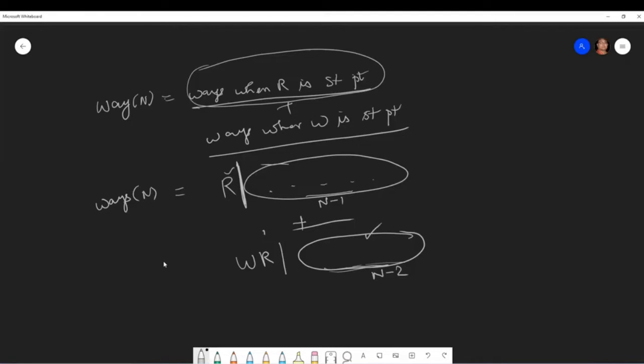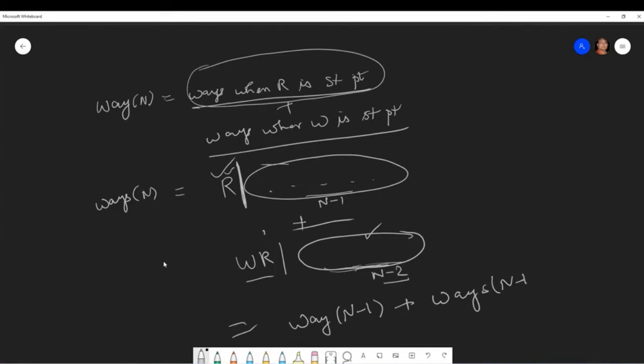So now the space is n minus 2, but the constraints and the actual problem still remain the same. You are free to choose anything here. You can again choose R or you can choose WR again. Is that correct? Yes. So the ways that start with R is nothing but ways of n minus 1, plus the ways that start with WR is nothing but ways of n minus 2.